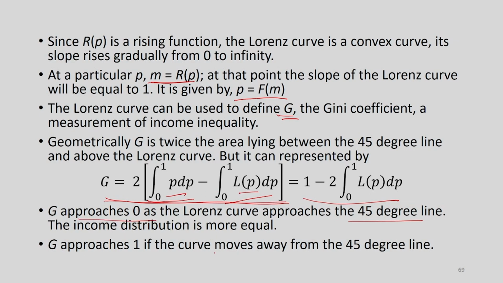On the other hand, as the curve moves away from the 45-degree line, the Gini coefficient approaches 1. In this case L(p) becomes simply 0, because this becomes like this line. So you have this line as the Lorenz curve. So L(p) is equal to 0, therefore the value of the Gini coefficient is equal to 1 in this case.